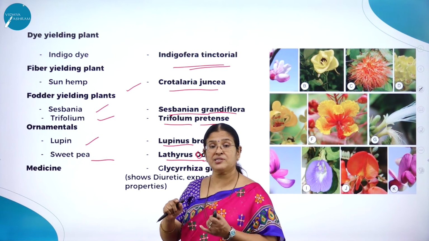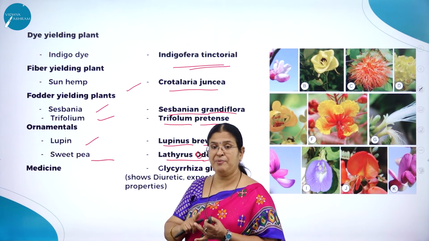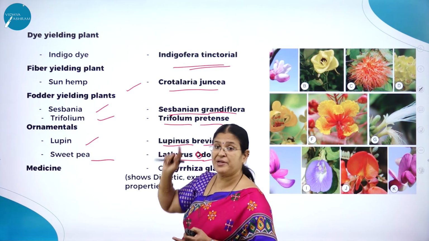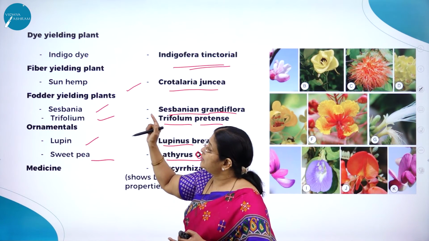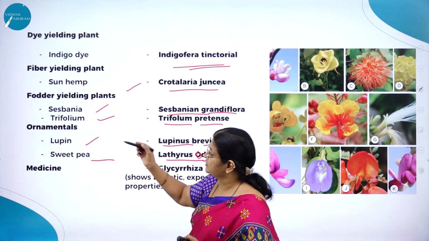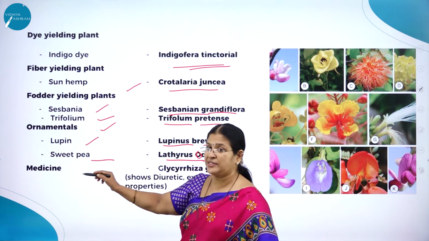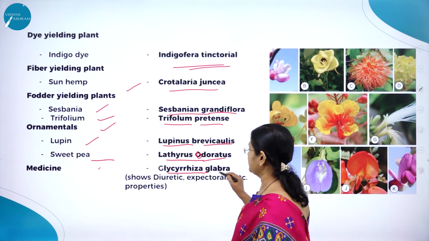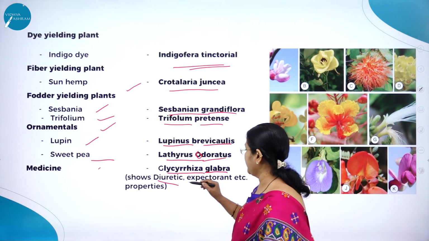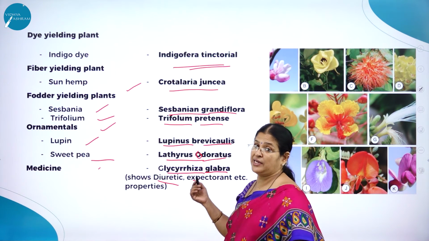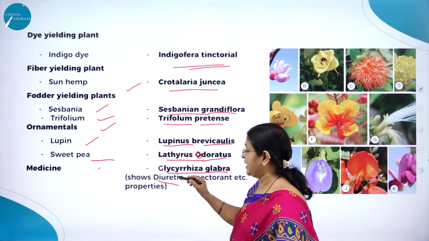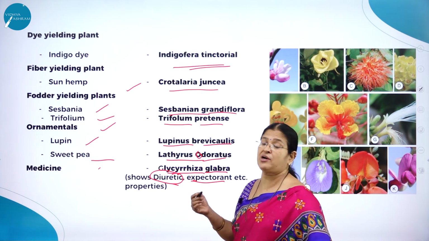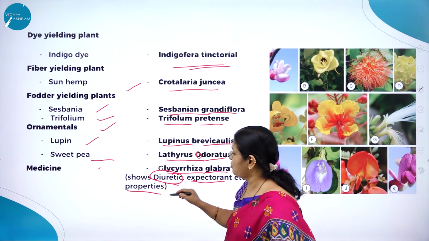So you have come across pulse yielding plants, edible oil yielding plants, dye yielding plants, fiber yielding plants, fodder yielding plants, ornamental plants, and then medicinal plants. What are the medicinal plants? Like Glycyrrhiza glabra, it shows diuretic properties, used for diuresis, particularly for regulation of water, and expectorant for cough, etc. So it has all these properties.